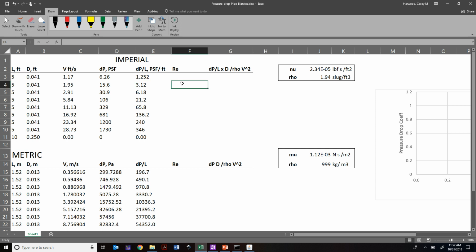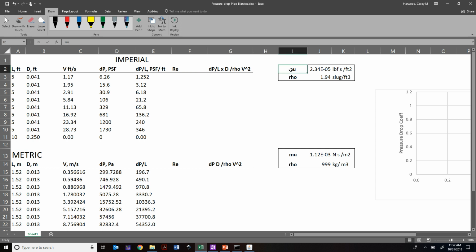So in order to create this data correlation and actually use the correlation in new conditions, we need to calculate our pi terms. First it's going to be the Reynolds number, which is pi 2, which is equal to rho times v times d over mu.